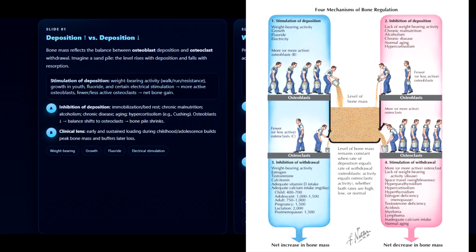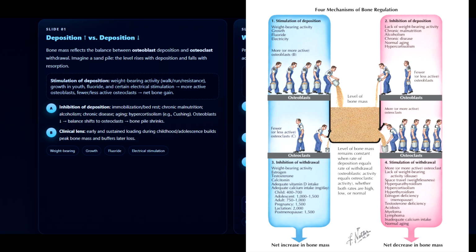Now, contrast this with inhibition of deposition, the second mechanism. In this situation, osteoblasts are fewer or sluggish, so they deposit less new bone. This occurs with lack of weight-bearing activity, as in immobilization or prolonged bed rest.